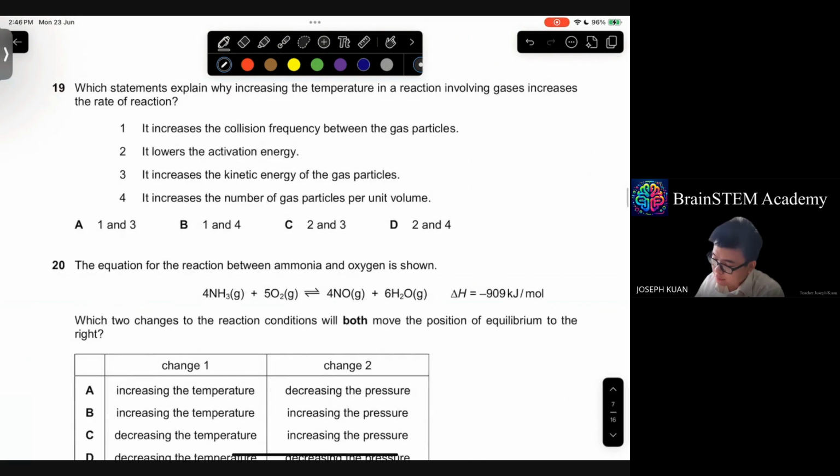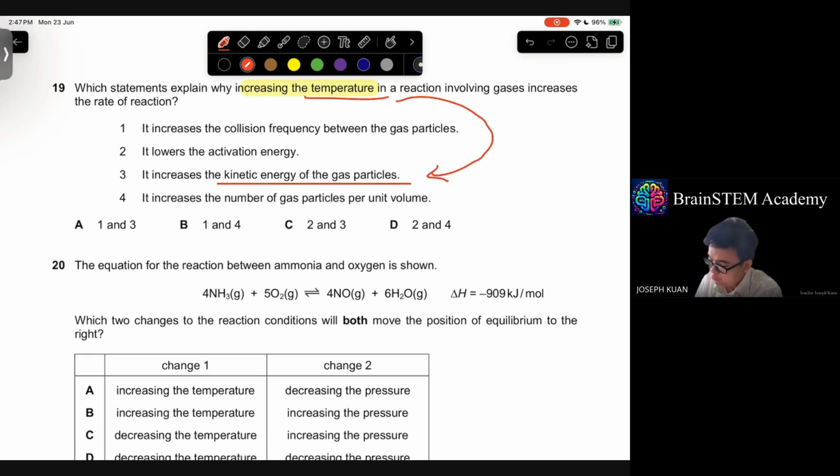Next, 19. Which statement explains why increasing the temperature in a reaction involving gases increases the rate of reaction? So increasing temperature actually helps us to increase the movement and kinetic energy of gas particles, which ultimately increases the collision frequency between gas particles.